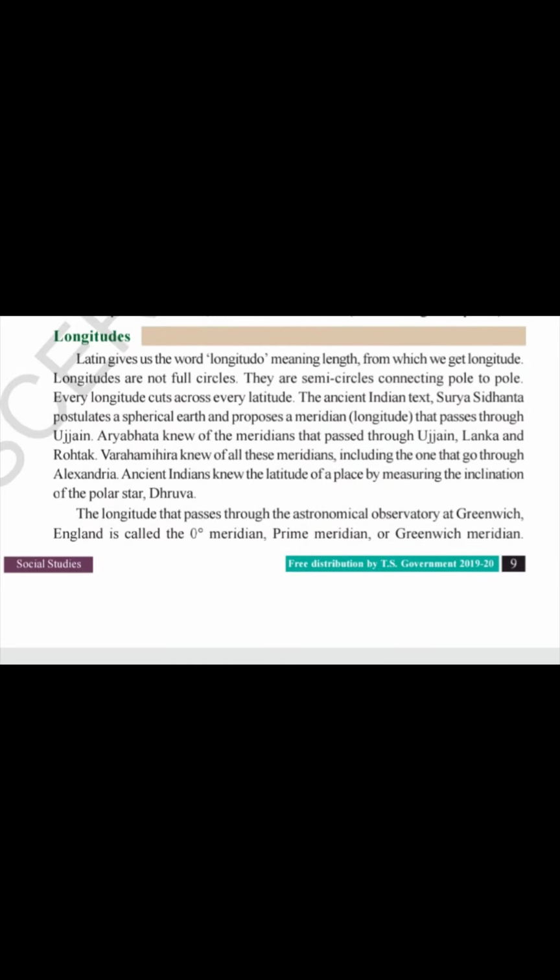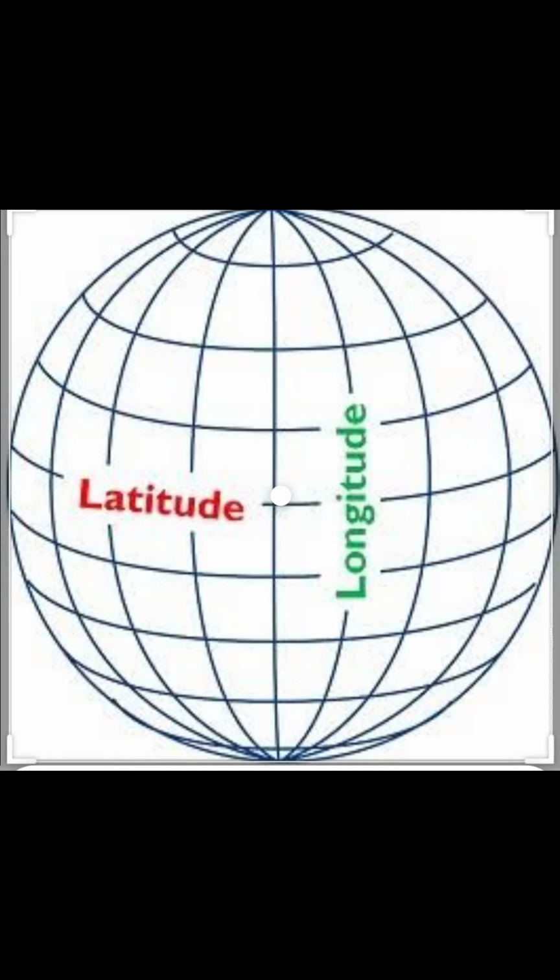Now let's study about longitudes. What are longitudes? The word longitude comes from the Latin word longitudo, meaning length. As I said before children, the latitudes are full circles drawn on the globe horizontally.